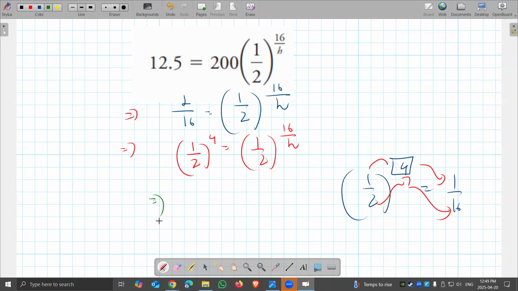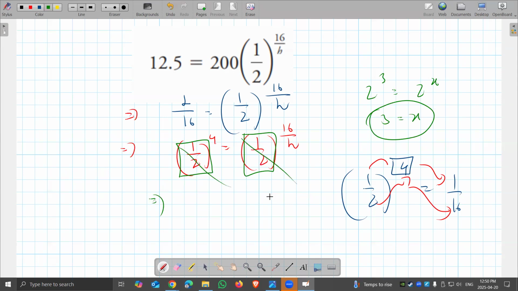Does anything cancel out? Yes, the 1 over 2's. This is the same thing as 2 to the power 3 equals 2 to the power x. x is 3 because the 2 cancels out. Same idea.